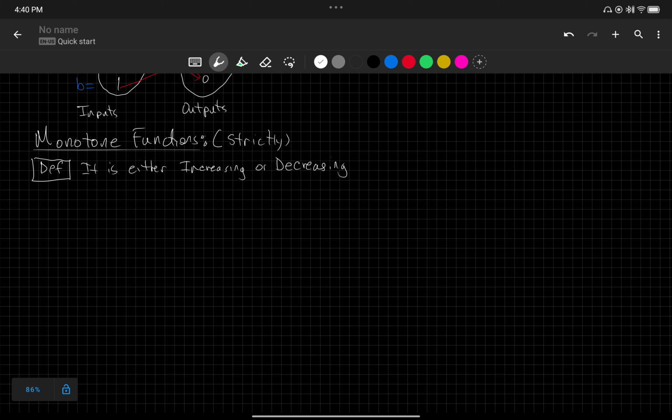And let's use something that we've been working with recently, e to the x. So a good example is y equals e to the x. So let's bring in the little picture.